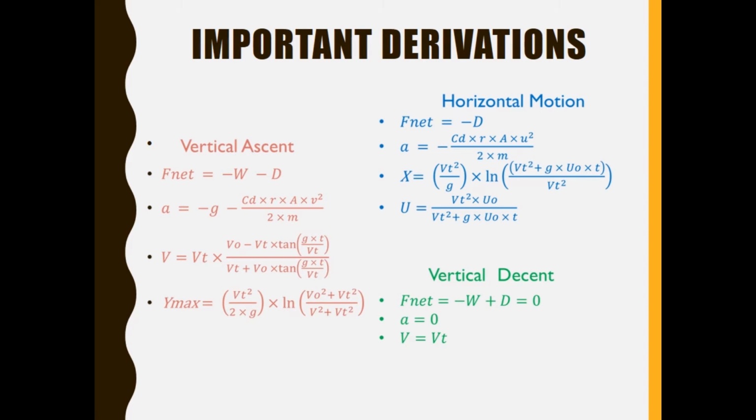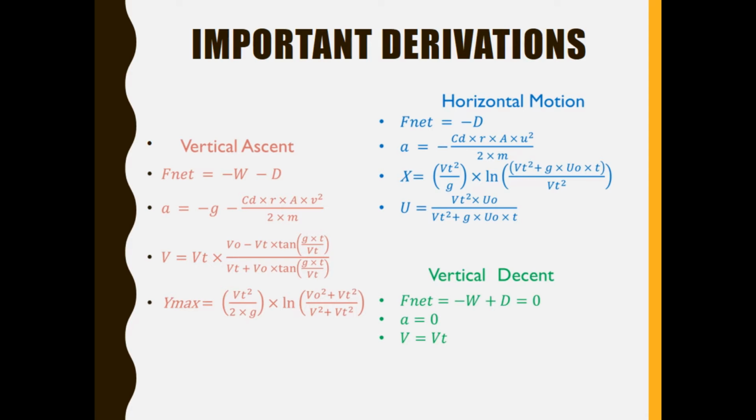So now let's look at the important derivations for the equations of motion for a projectile in real life, that is with air resistance. Let's consider that at launch the projectile is inclined at some angle to the vertical. We will resolve the initial velocity into vertical and horizontal components. Unlike the ballistic flight equations, the horizontal component includes the action of aerodynamic drag on the projectile.